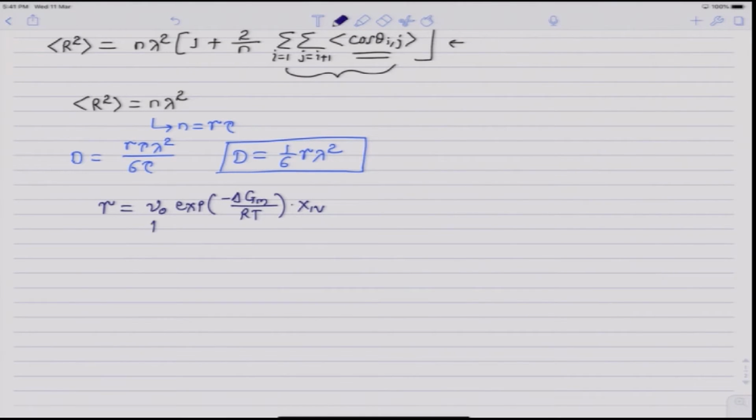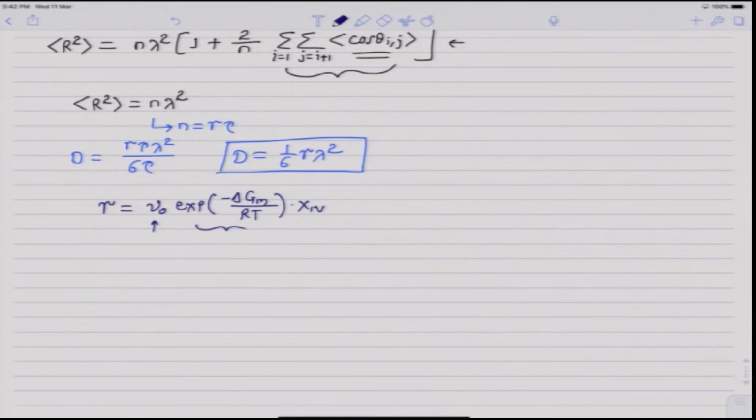Nu 0 here is the Debye frequency, that is the number of times an average atom vibrates per unit time. The exponential term basically represents the probability that a particular vibration will have an energy equal to or greater than the activation energy for migration, that is delta G m, and X 1v represents the probability that a particular site is vacant.